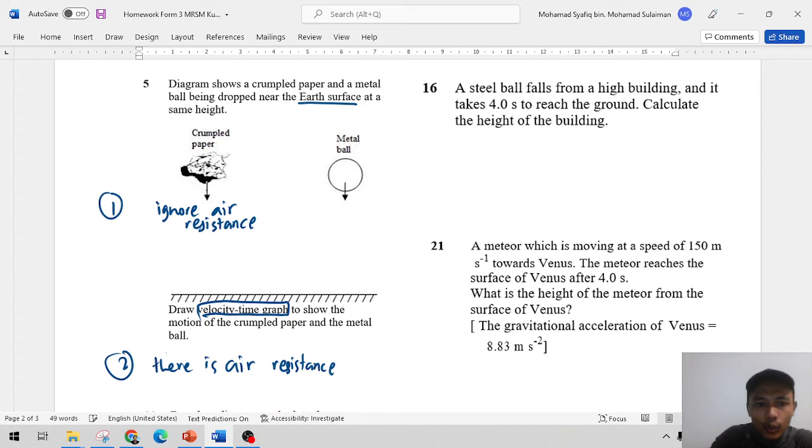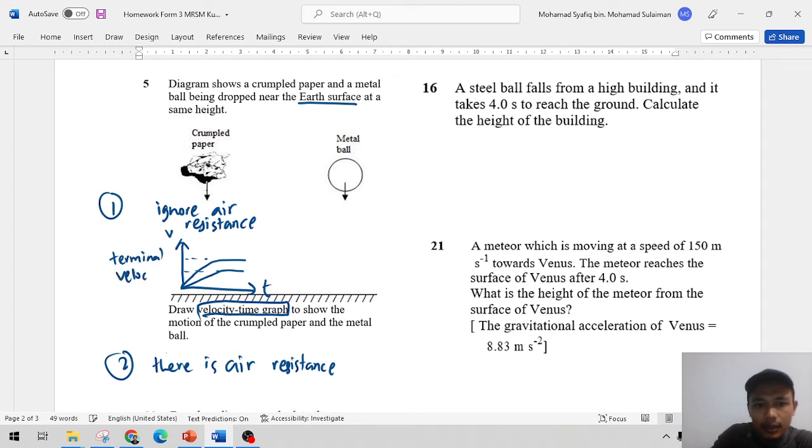With air resistance, in velocity versus time, the crumpled paper will have a slower increase in velocity, and then it will become constant velocity. The metal ball will have a higher increase in velocity, and then it will become constant. This constant part we call terminal velocity.